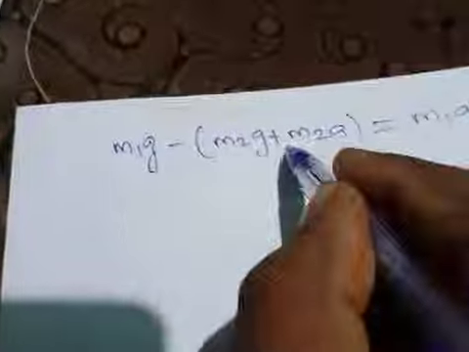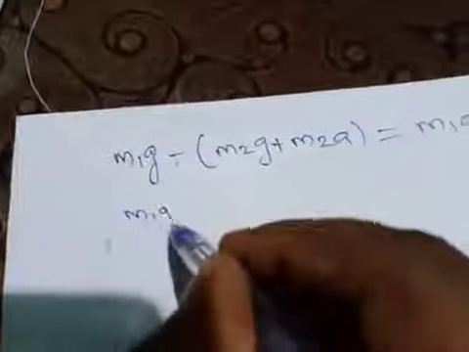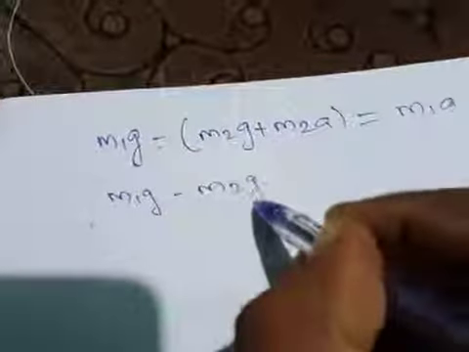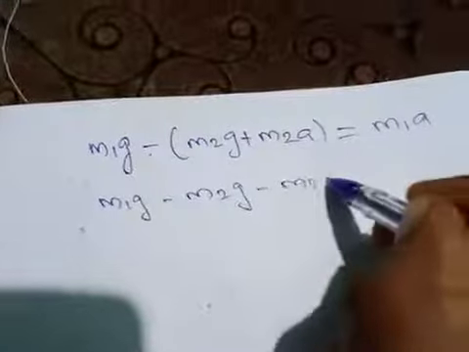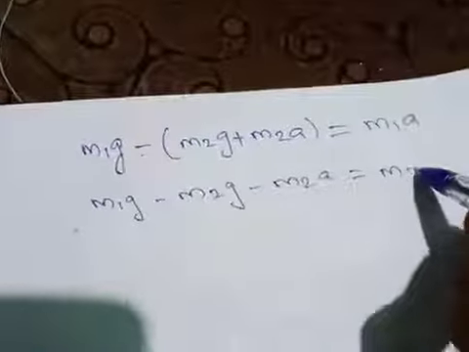Now multiply this minus inside, so M1 g minus M2 g minus M2 a equal to M1 a.